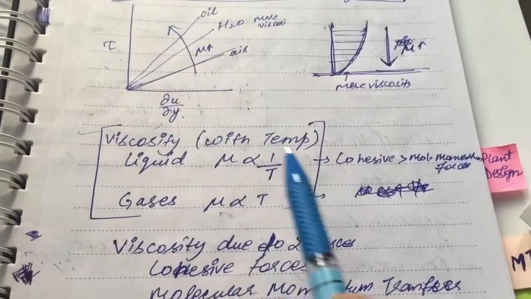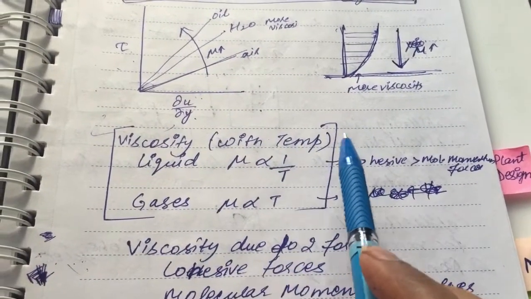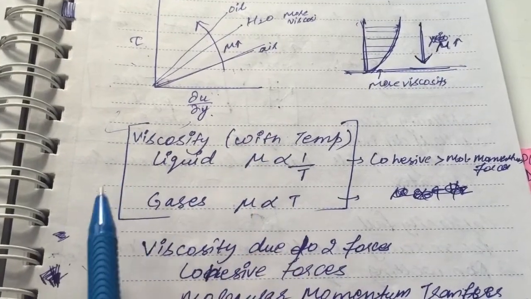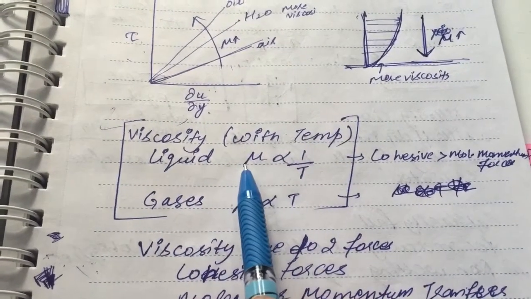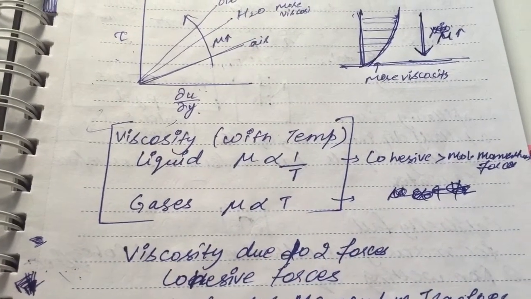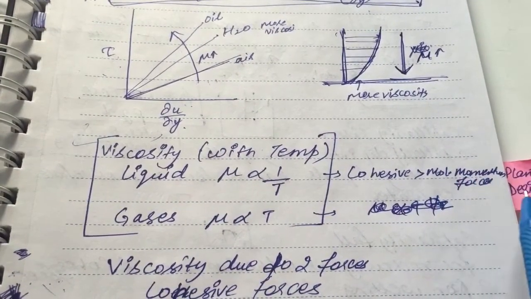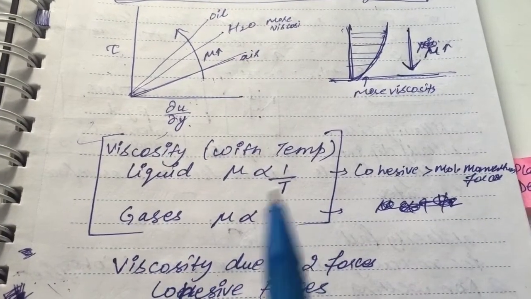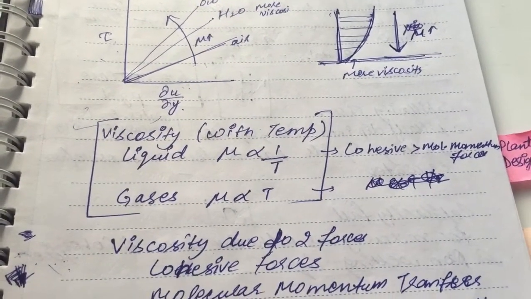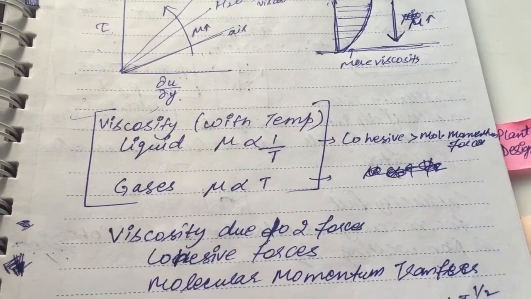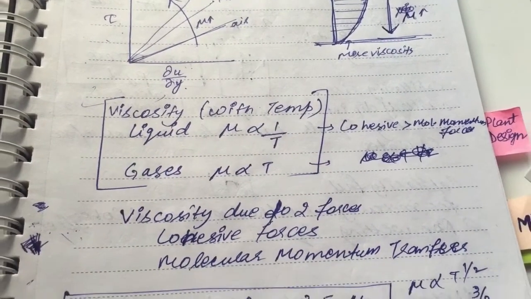Then viscosity with temperature. So relation between viscosity and temperature for liquid: viscosity is inversely proportional to temperature because cohesive force is more than molecular momentum forces, and for gases viscosity is directly proportional to temperature. Viscosity is usually due to two forces, which are cohesive forces and molecular momentum transfer.